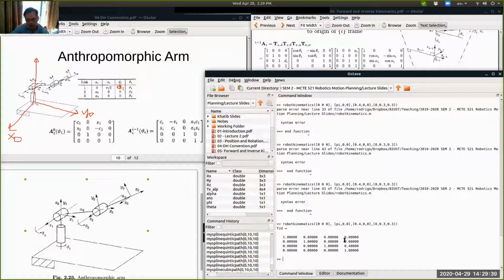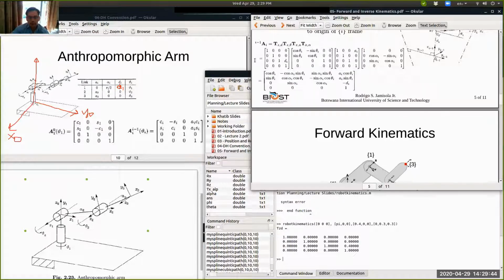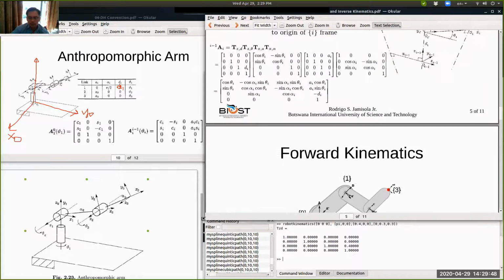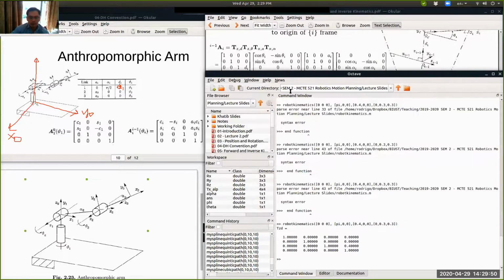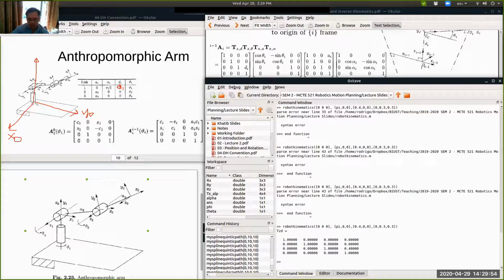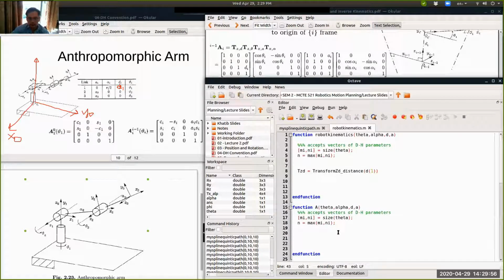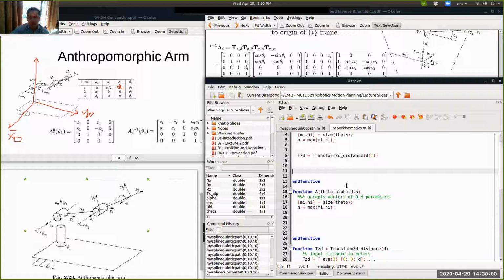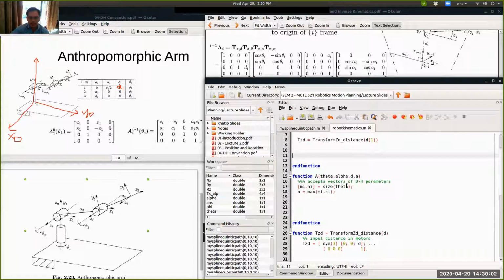So now you have the same thing as this one. Let's increase it so that you can see properly. That's just what we're trying to get. So now you have the transformation matrix TZD, and then TZ theta.